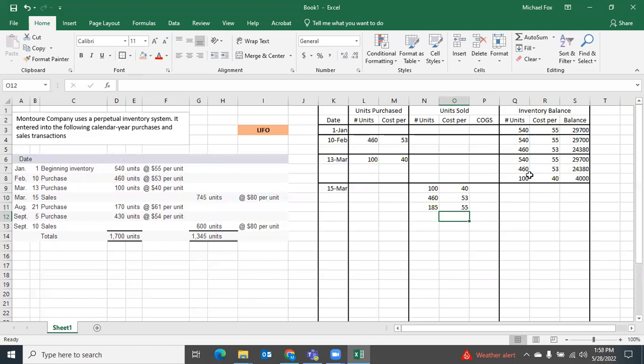So with last in, first out, we assume they sold all of these and all of these plus 185 of these to add up to the total units sold of 745. So there's our cost of goods sold. And then our remaining units are going to be 540 minus 185, or 355 of the $55 units.